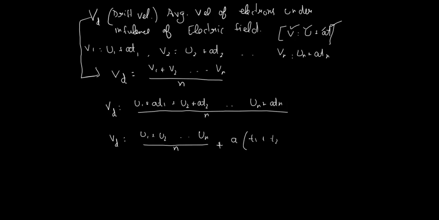Here we separate the terms of the above equation. So our result is: Vd = (u1 + u2 + ... + un)/n, which is 0, the initial velocity average, plus a times (t1 + t2 + ... + tn)/n, which is simply considered as tau.